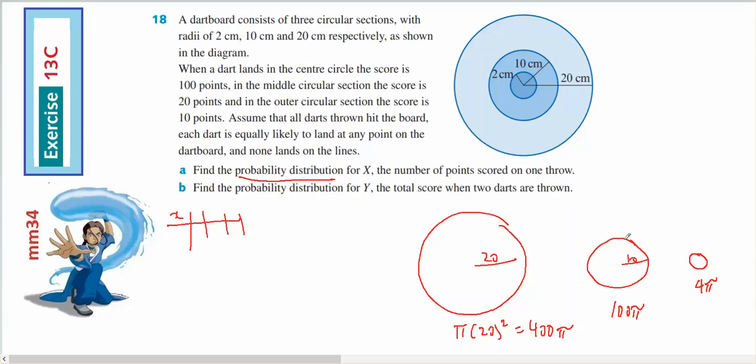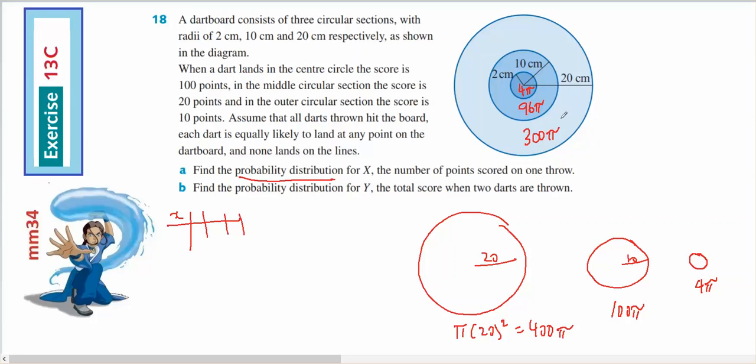Since this circle includes both the middle circle and the centre, this area here is 96 pi, because together with 4 pi it makes up 100 pi. And if that is 100 pi and the full is 400 pi, the outer area is 300 pi.